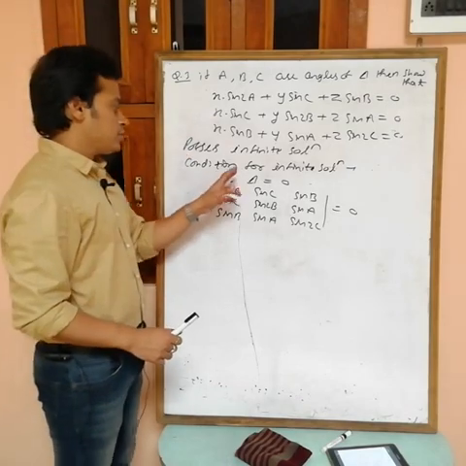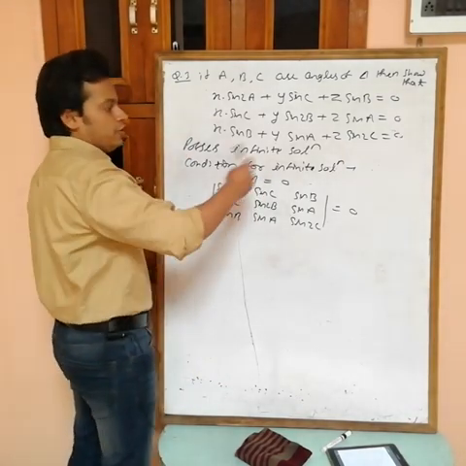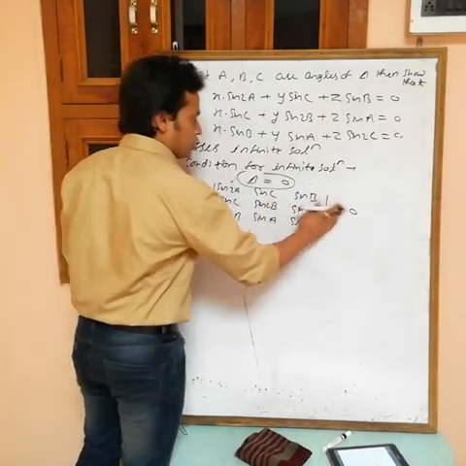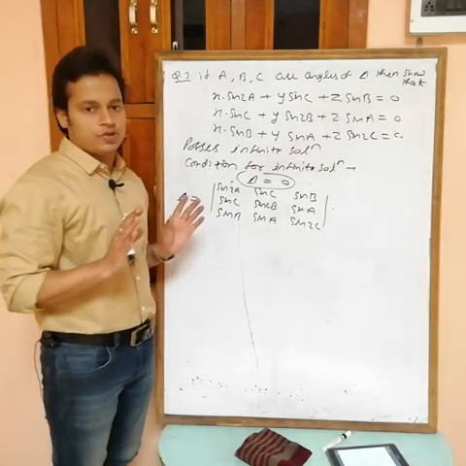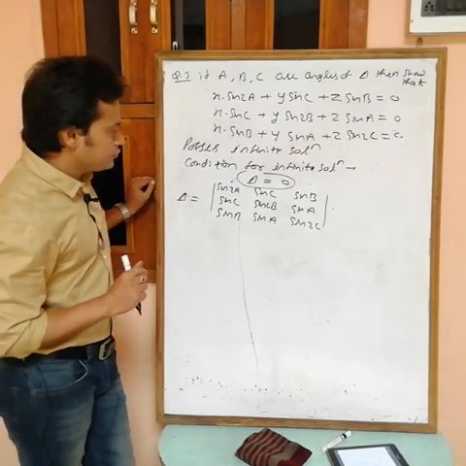Okay, so this is the condition del equals 0. So we have to prove that we have infinite solution. It means I have to prove that del equals 0. Okay, so I am finding the value of del. Now I have to prove that this equals 0. So how to prove that this equals 0?